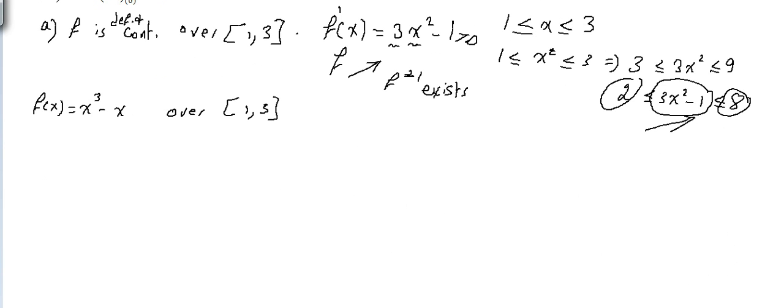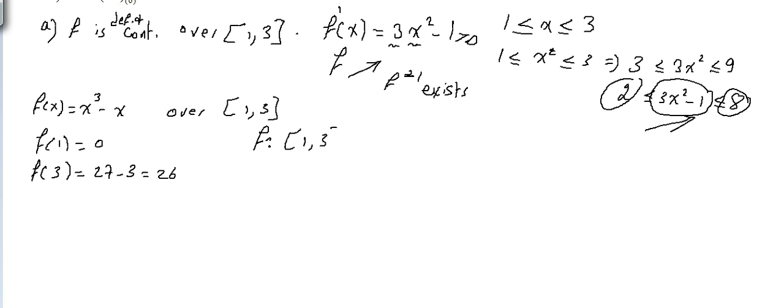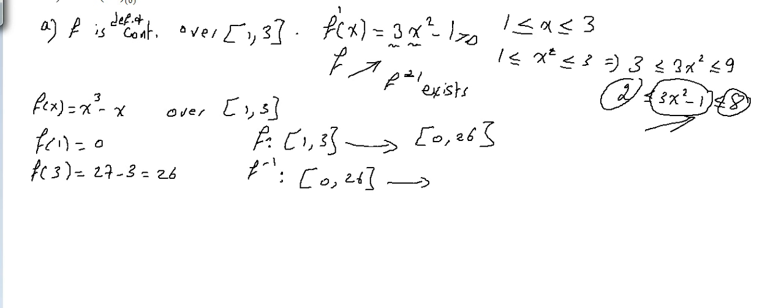What is f of 1? f of 1 is 1 minus 1, which is 0. f of 3 is 3 cubed, 27, minus 3, which is 26. So f has domain [1, 3], given, and range [0, 26], and f inverse has domain [0, 26] and range [1, 3].